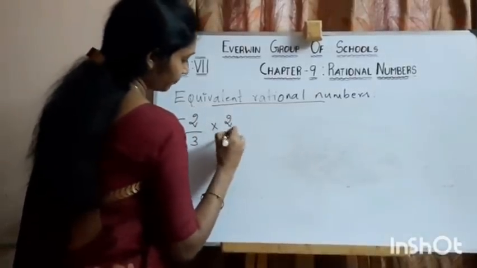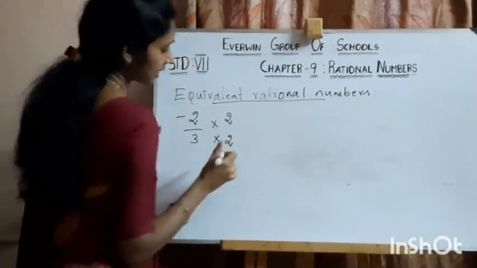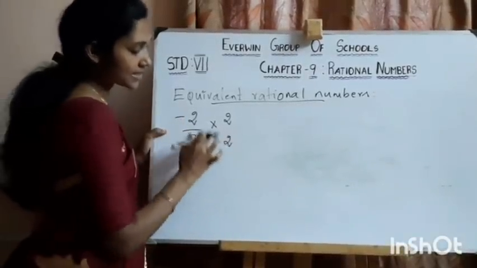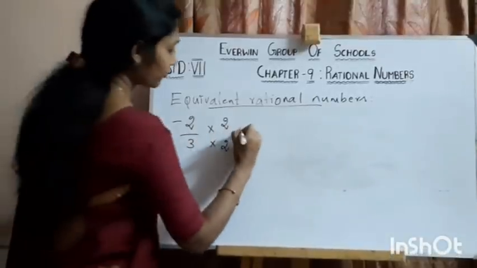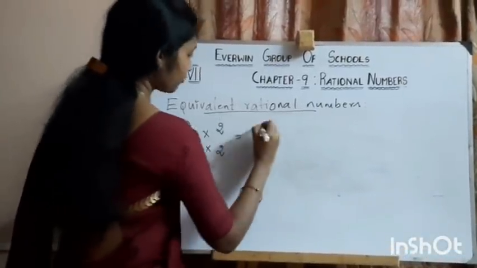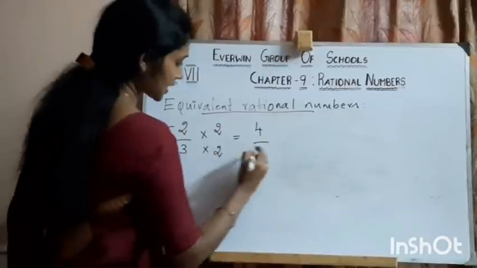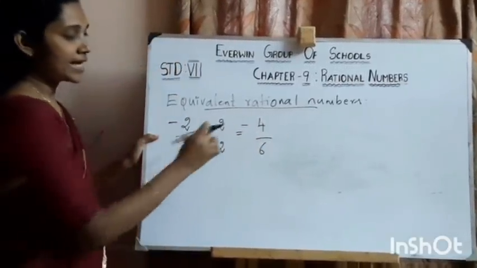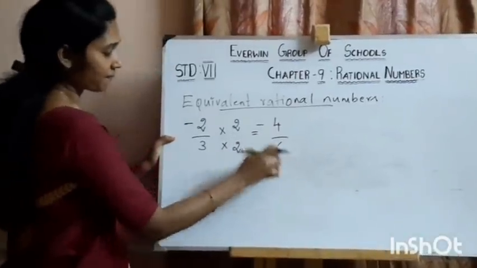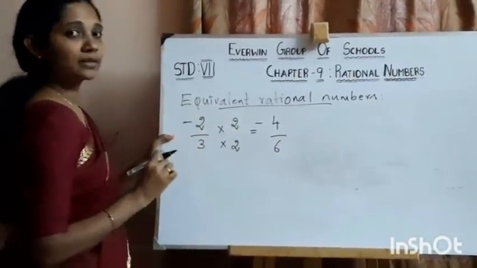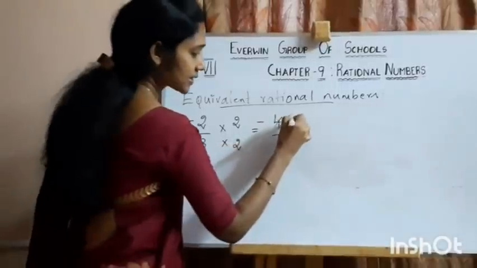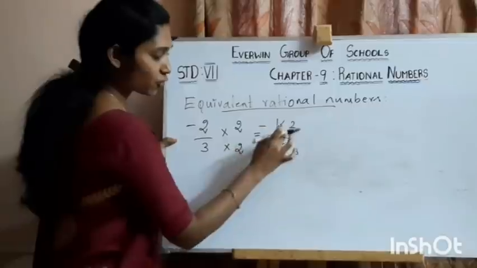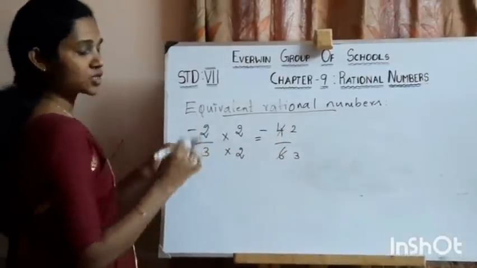So I multiply by 2, the same integer 2 for numerator and denominator. What will be the answer? 2 2s are 4, 3 2s are 6, and minus, so minus 4 by 6. Is minus 4 by 6 the same as minus 2 by 3? Yes. How? This can be cancelled by 2 and this by 3. So minus 4 by 6 is equal to minus 2 by 3.